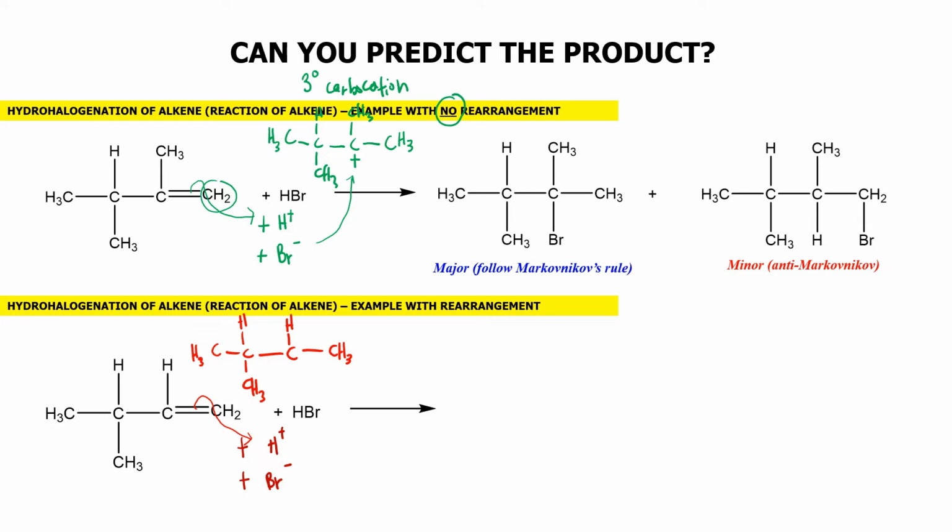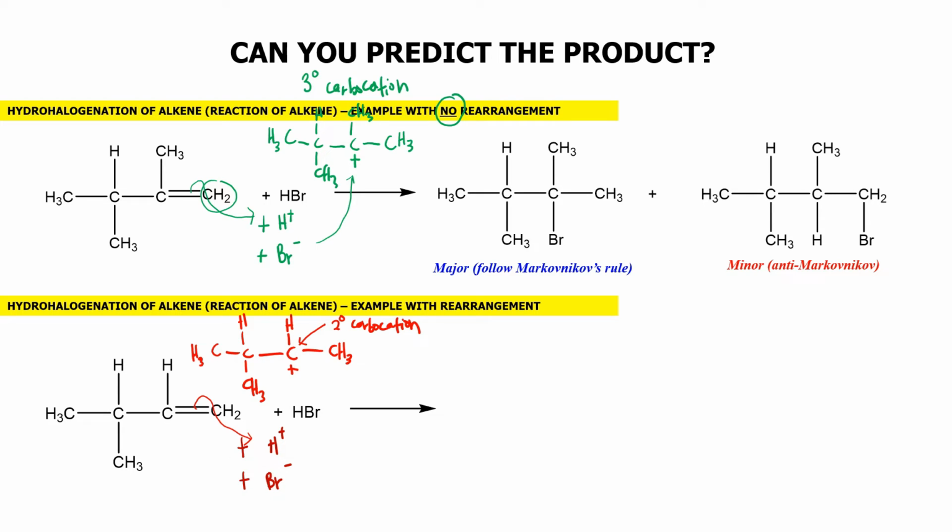Okay, so carbon yang kurang hydrogen tadi akan menjadi C+, okay, iaitu carbocation. So classify this carbocation. This is secondary carbocation.